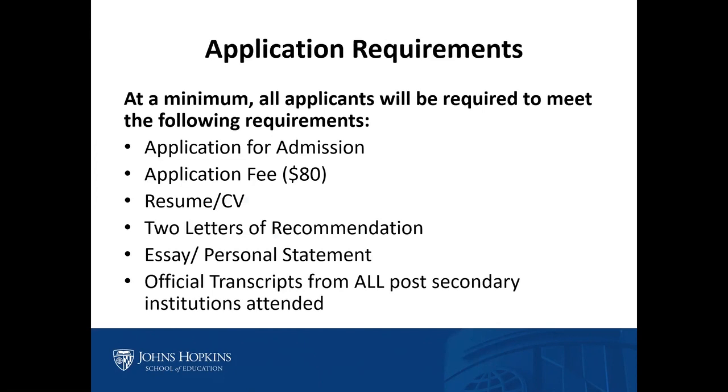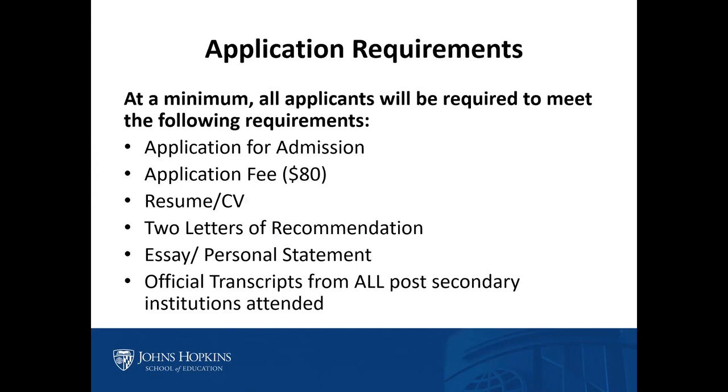You will need a current resume or CV, and you should submit 2 letters of recommendation. Next, a 500-word essay must be uploaded, discussing the reasons you wish to pursue a degree at Johns Hopkins School of Education, focusing on your long-term goals and how your academic program will complement those goals.